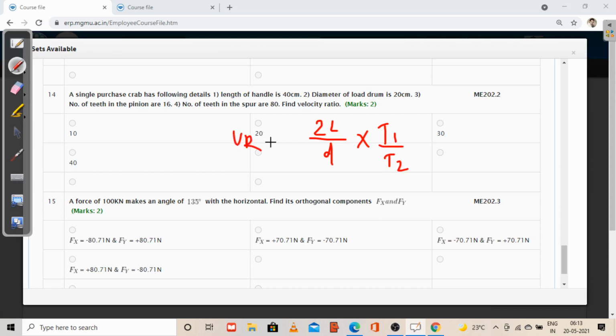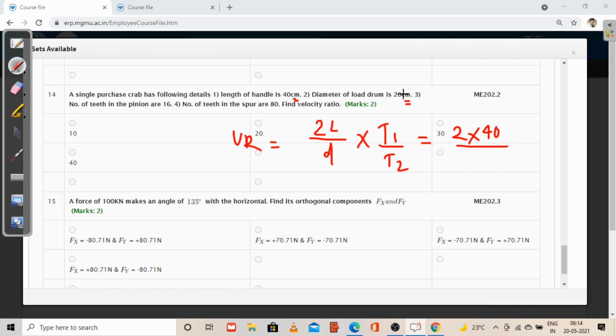Velocity ratio is equal to, okay, now you have to put the right value at the right place. The length of handle is 40 centimeter. If everything else is in centimeters, you don't have to convert. Centimeter and centimeter are given, so no problem. So the length of handle is 40, so 2 into L will be 40 upon the diameter of load drum.